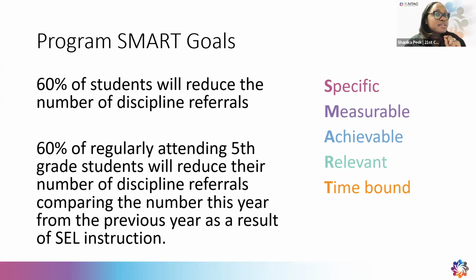What activities will we need to implement to make sure we are going to hit the mark when it comes to the SMART goal, right? So we know that when we plan intentional activities, that SEL instruction is going to be important because that is where we would like to address those discipline referrals, right?